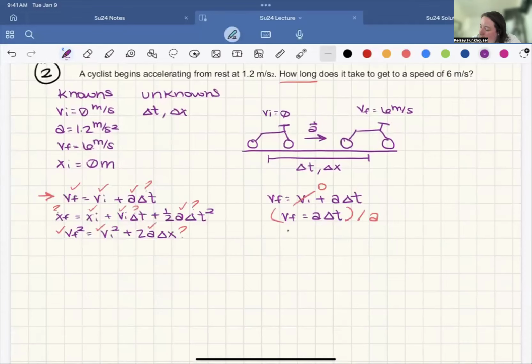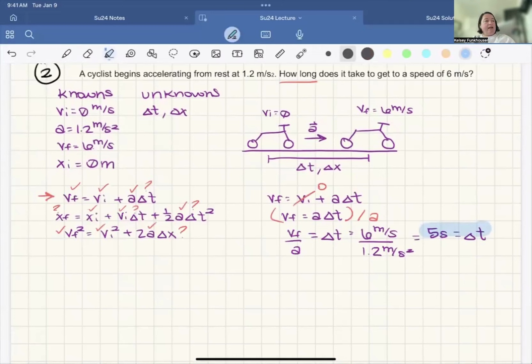So final velocity divided by acceleration equals the time interval. So 6 meters per second divided by 1.2 meters per second squared is going to give us a time interval of 5 seconds. Look at that, 2 down, 2 to go.